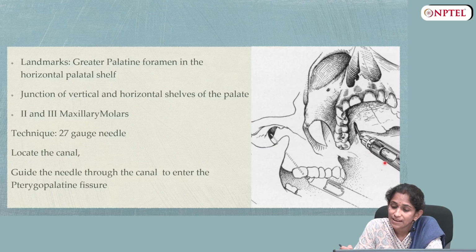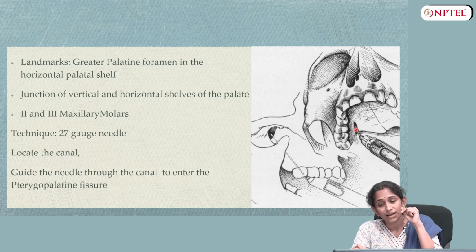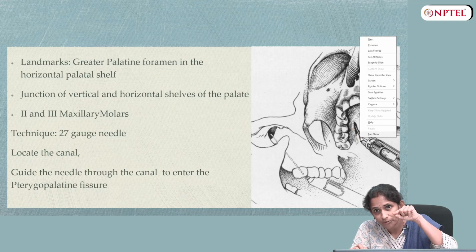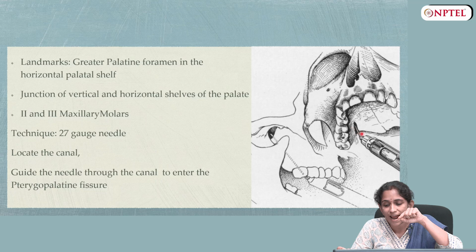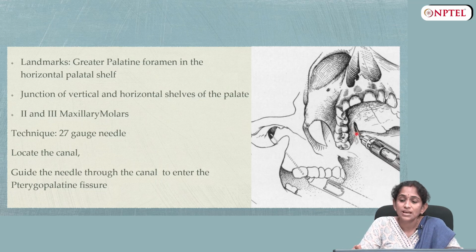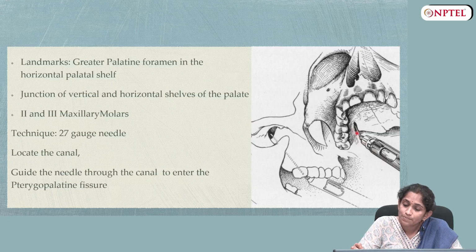Now, we take the needle from the opposite side, and inject into the landmark, into the dip that we had palpated with our finger. Once we feel the depression and palpate with our finger, we localize that area and then take the needle so that it enters that depression. From there, the needle is passed through the greater palatine canal.